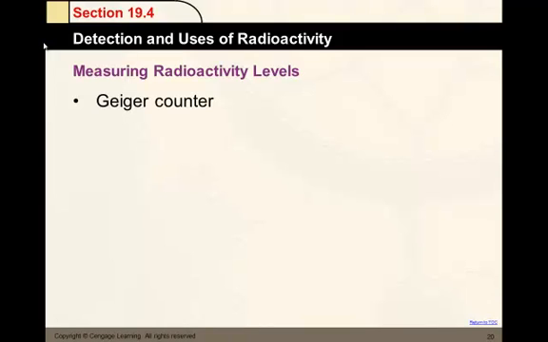This usually can detect the amount of millirems, a unit of radiation, coming off of the surface of the ground or in the air. A scintillation counter is also a similar device. These are devices that can measure radioactive levels.